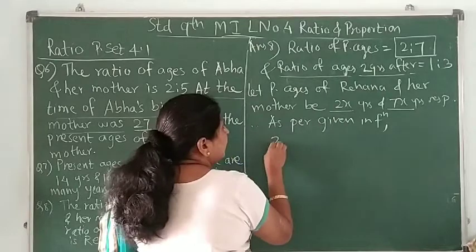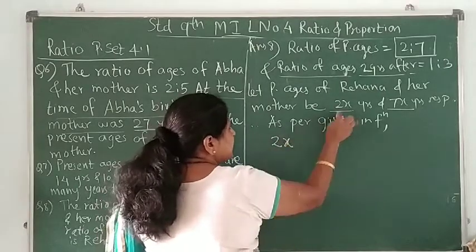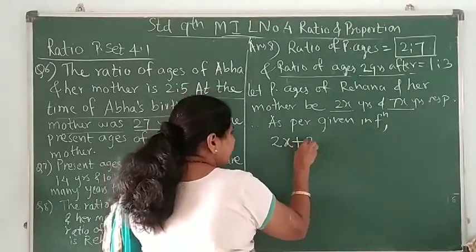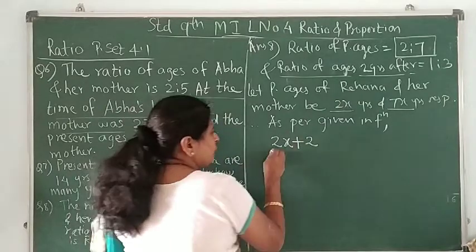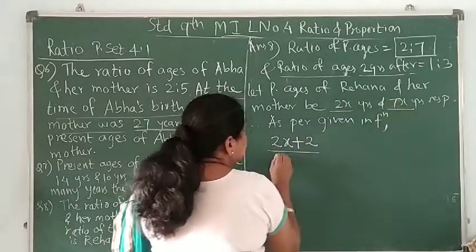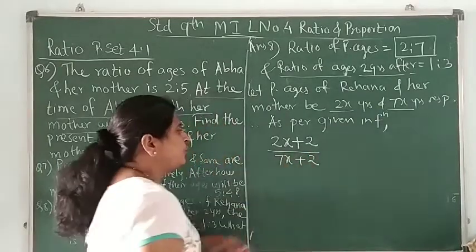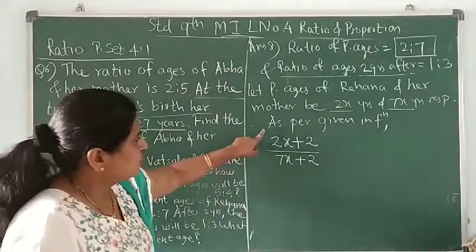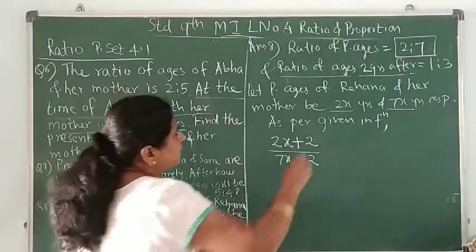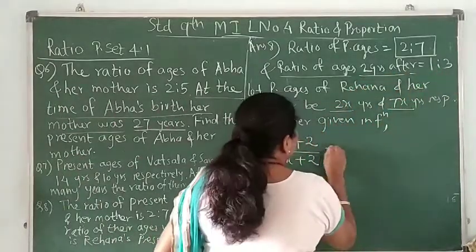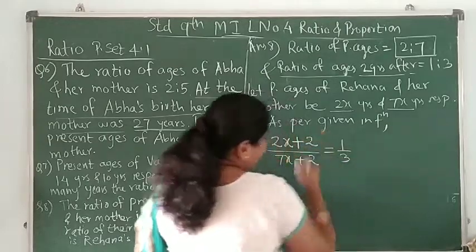For Rehana, her present age is 2x, so after 2 years her age is going to be 2x plus 2. Her mother's present age is 7x, and after 2 years you have to add 2 to get her age. So the ratio of this is equal to 1:3, so we have got 1/3.